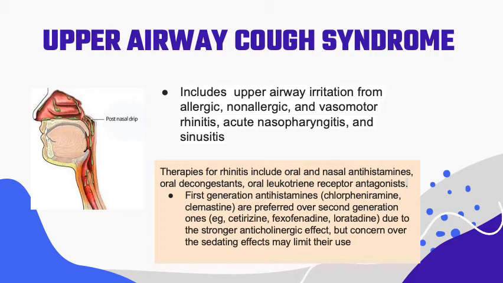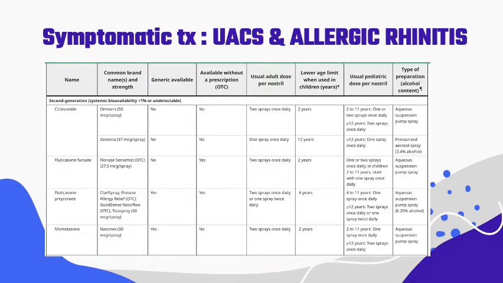There will be no place for antimicrobials if it is only due to non infectious causes. Symptomatic treatment for upper airway cough syndrome and allergic rhinitis may not require antimicrobials. Instead, anti inflammatory agents or nasal decongestants may be used.